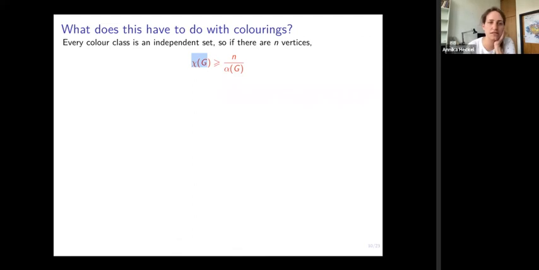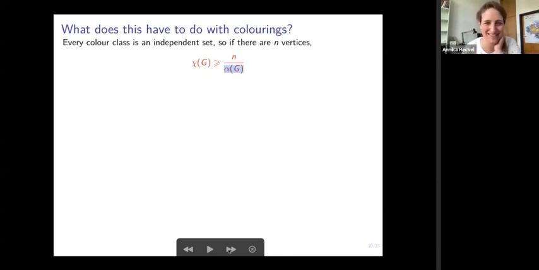That's because if you look at a coloring, then every color class, all the vertices of one particular color, form an independent set by definition, because if you look at two vertices that have the same color, they can't have an edge between them. So every color class has size at most alpha of G. And if you have n vertices, the chromatic number is at least n over the independence number.